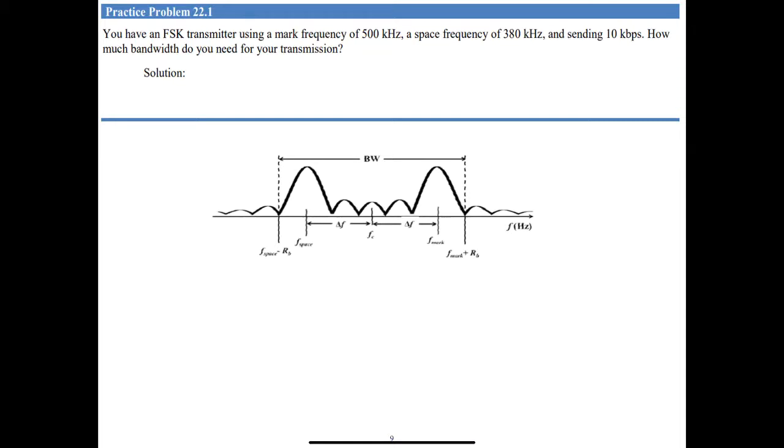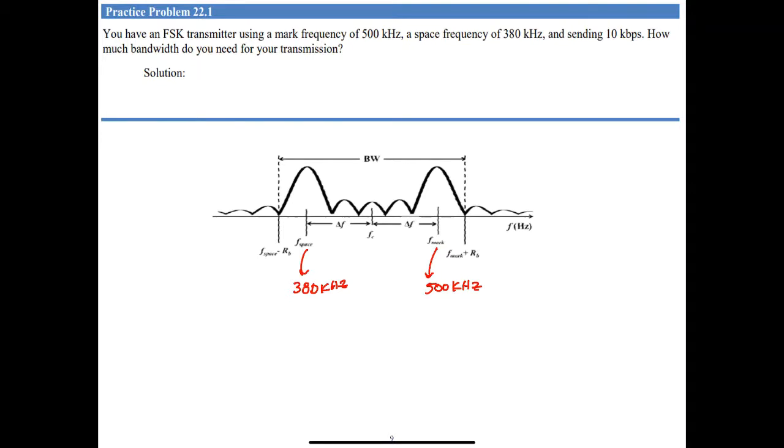You have a frequency shift keying transmitter using an F mark frequency of 500 kilohertz, and an F space of 380 kilohertz, sending 10K bits per second. How much bandwidth do you need for your transmission?